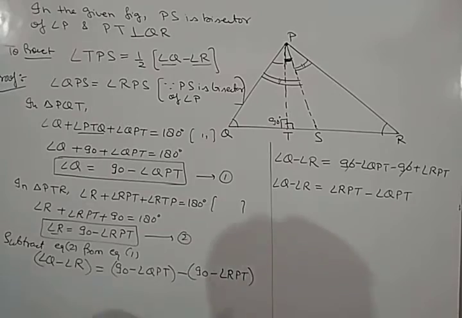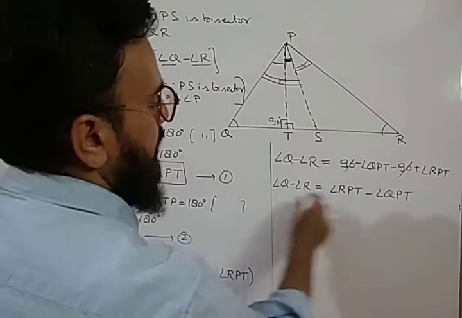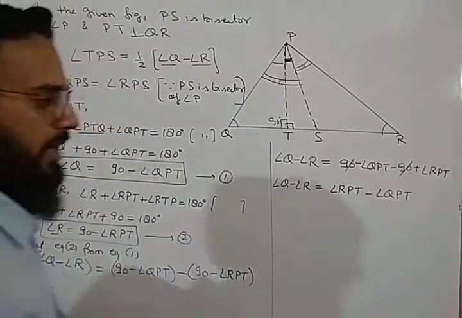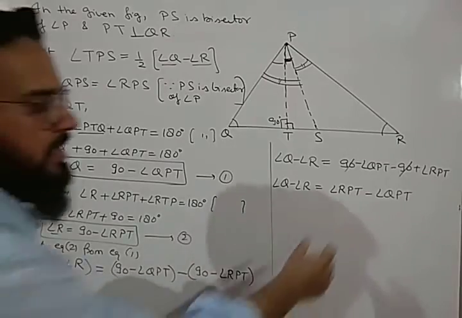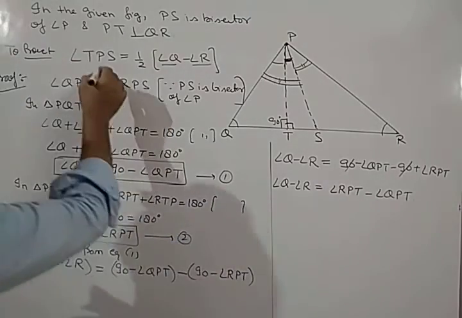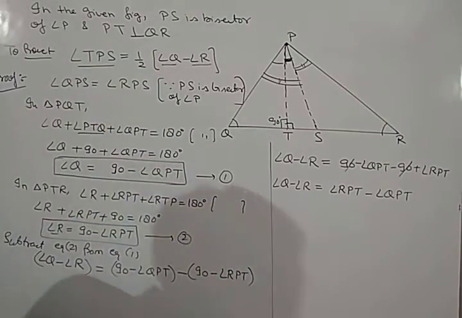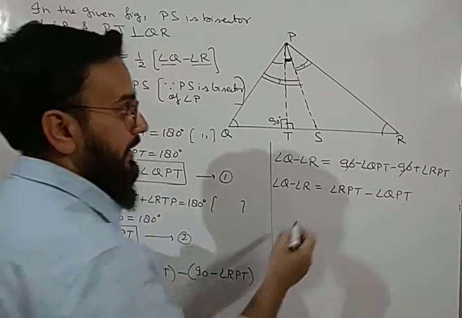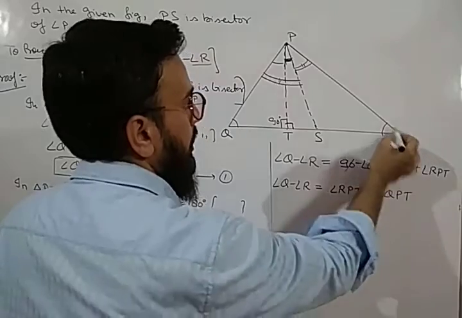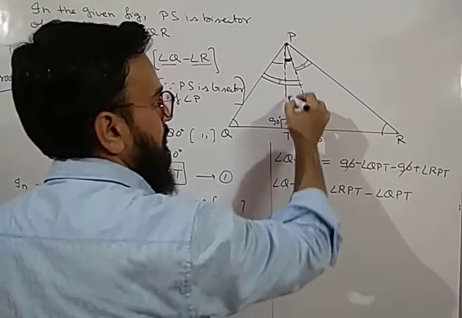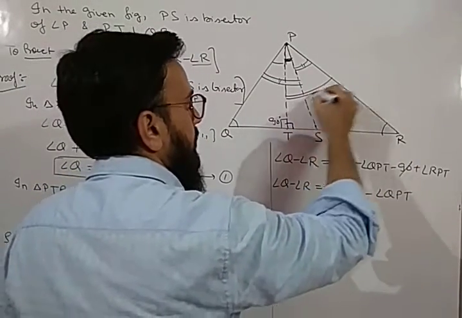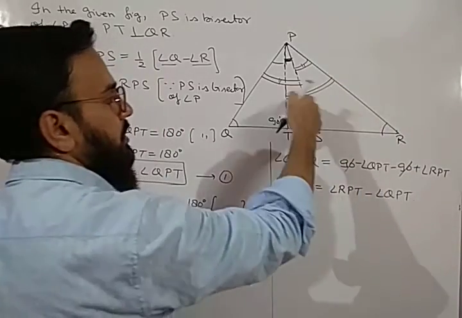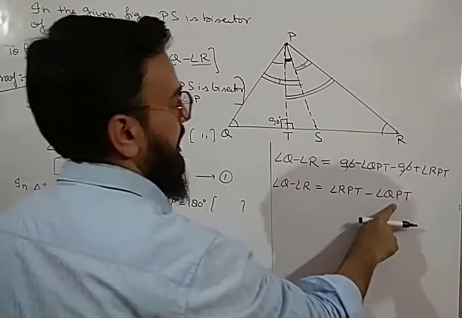Okay, so we get angle Q minus angle R, and the value of angle Q minus angle R is this particular value. Now we have to convert this value in terms of angle TPS. Looking at this term, what is angle RPT? RPT means this complete angle. And what is QPT?